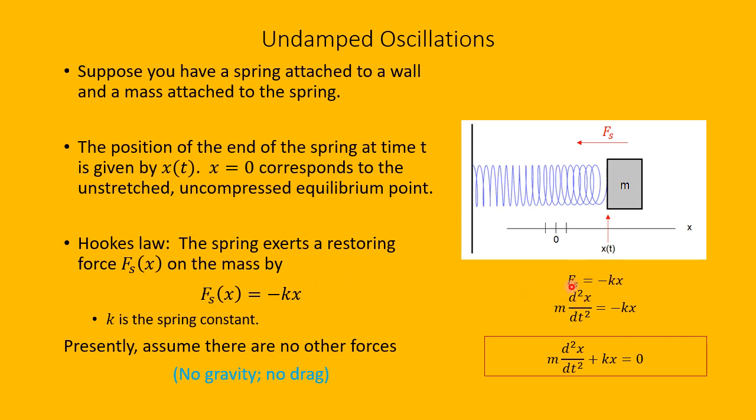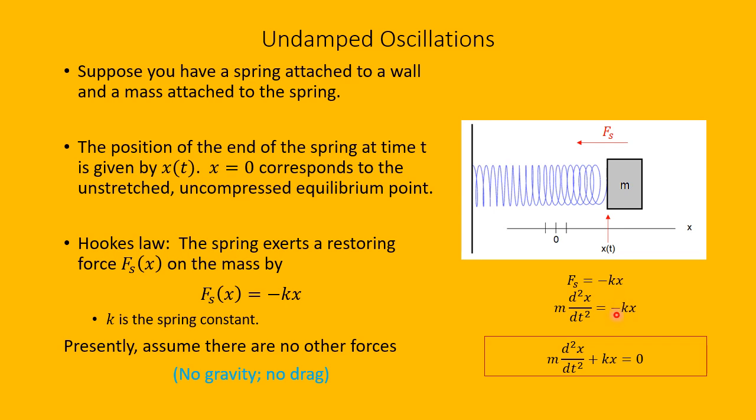But the force, remember, is m times a, mass times acceleration. So here's the mass, second derivative of x with respect to t is the acceleration, equals minus kx, the force. Mass times acceleration equals the force.